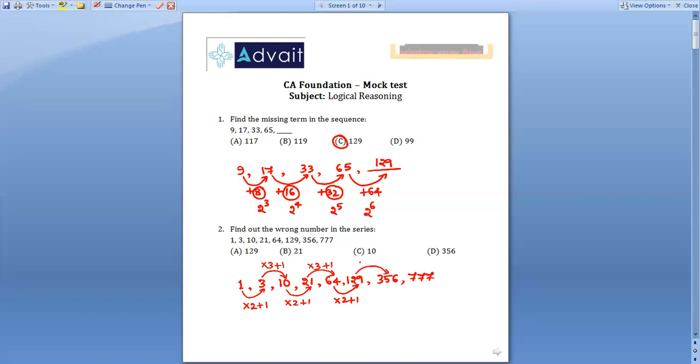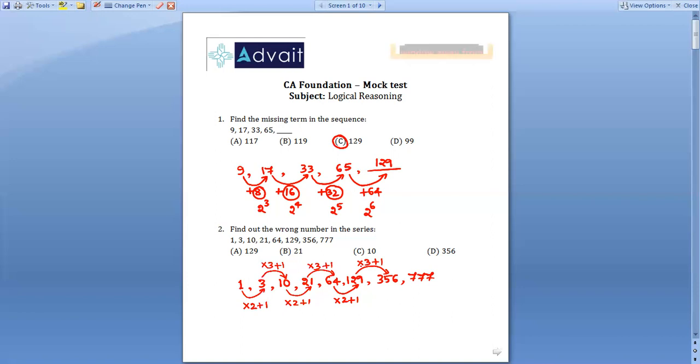And 129 into 3 plus 1. Now, let's check whether the product of 129 and 3 plus 1 gives 356 or not. You don't have to find the complete product. Just multiply the digits in the unit place. So 129 into 3 is a number ending with 7, right? Because 3 into 9 is 27.